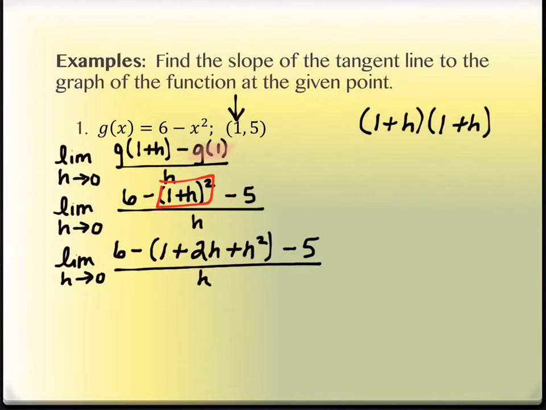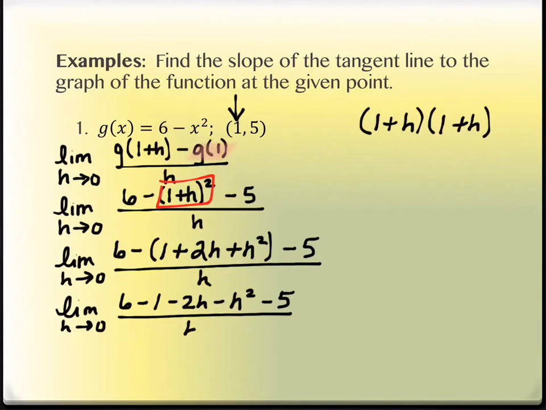Nice. We're next going to distribute the negative. So I have 6 minus 1 minus 2h minus h squared minus 5, a lot of negatives in this problem, over h. So somebody tell me what you see happen next.